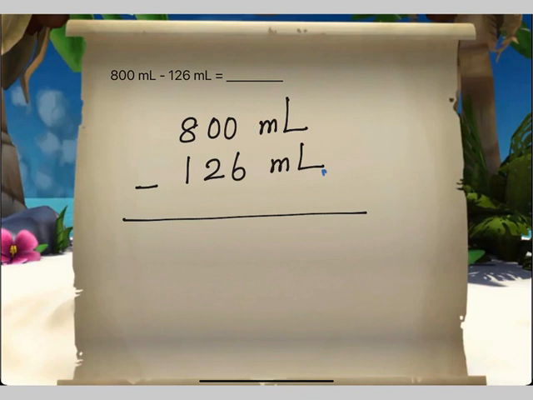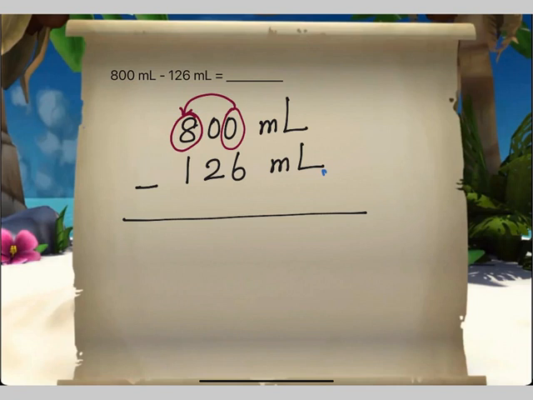Since we don't have enough ones here on the top, let us borrow from the next column. But here also there are not enough tens, right? So there are not enough tens, 0 again here. So let's move on to the hundreds to borrow. So we can borrow from this 8.